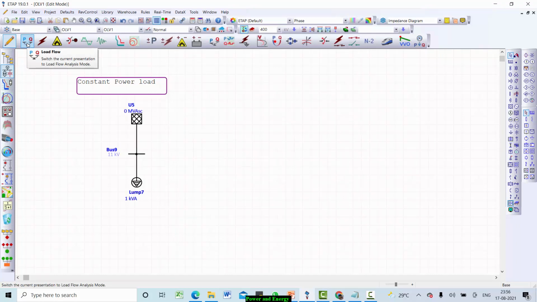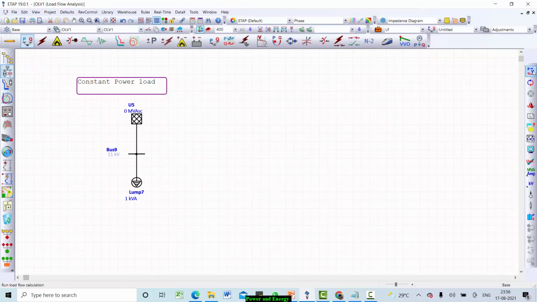Now run load flow. Actually it is an 11 kV system. I want to showcase what is the power taken by this load. Here you can see 1 kilowatt.